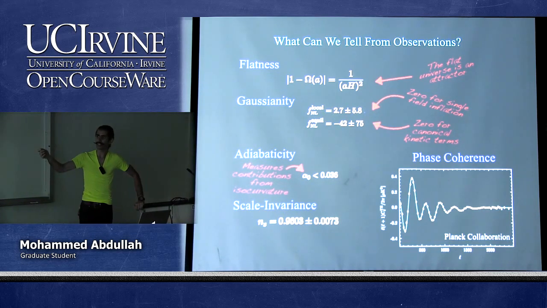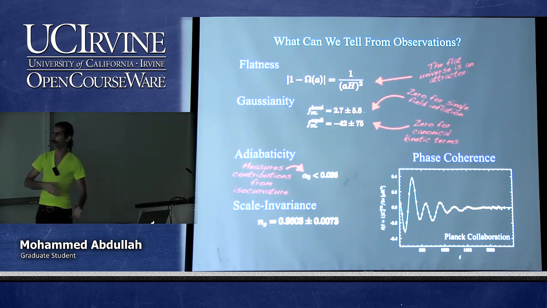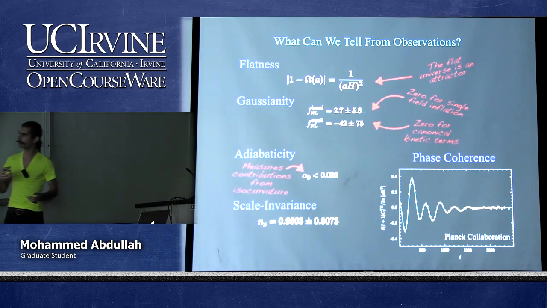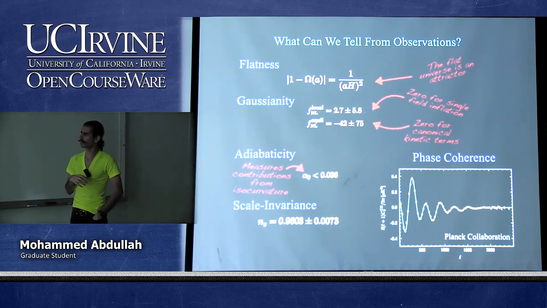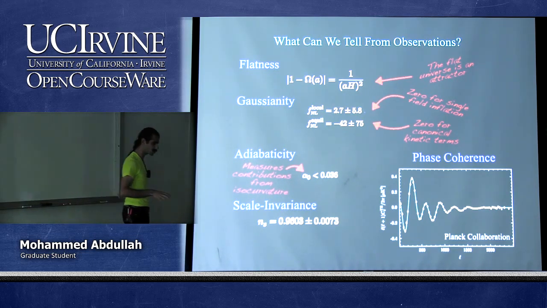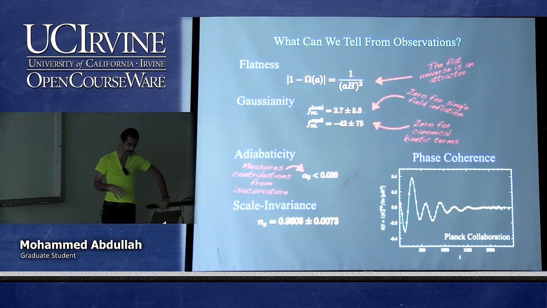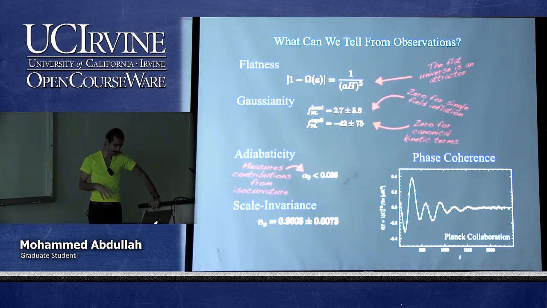The statement of adiabaticity is that no, they all grow together and reduce together. And inflation mostly requires adiabaticity. I don't know, there probably are models that can give you some isocurvature, but so far alpha naught, the constraint on isocurvature perturbations, is very close to 0.